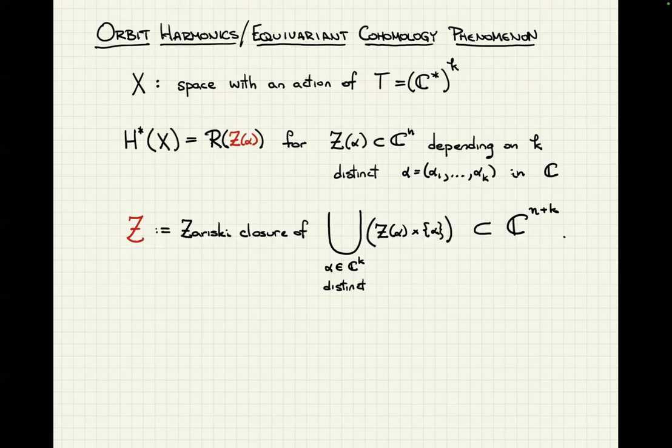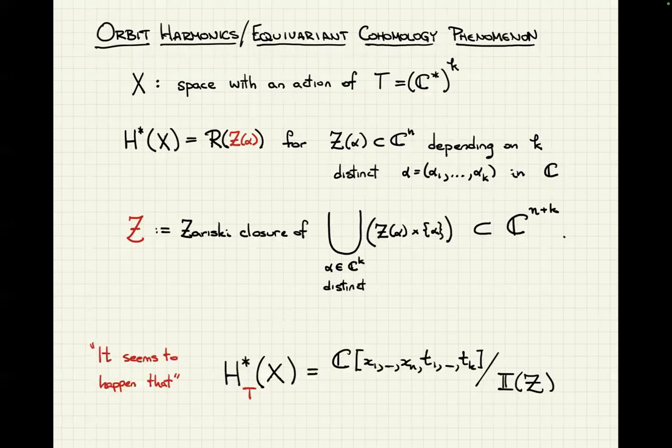And we're going to think about these Z_alphas lying inside a family. So we're going to look at Z, which is the Zariski closure, inside C^(n+k) of this disjoint union over alpha in C^k with distinct coordinates of Z_alpha cross alpha. And the reason why I have phenomenon is because of the statement in red.